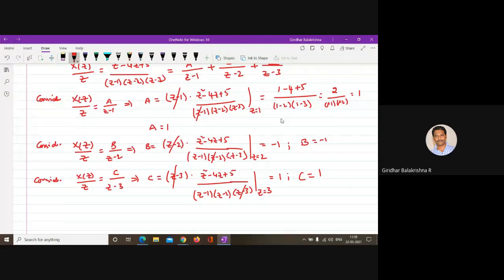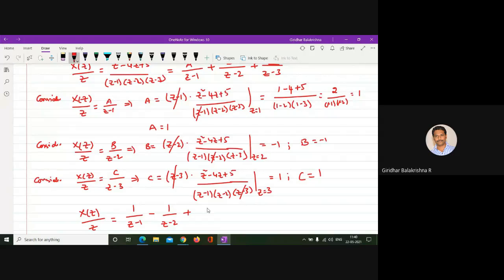Have all of you completed these three steps? Okay. Now represent X(z)/z equal to A/(z minus 1). The value of A is 1, therefore 1/(z minus 1). Plus B, the value is minus 1, therefore minus 1/(z minus 2).